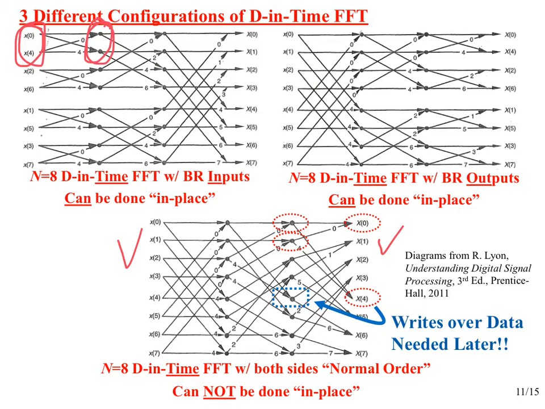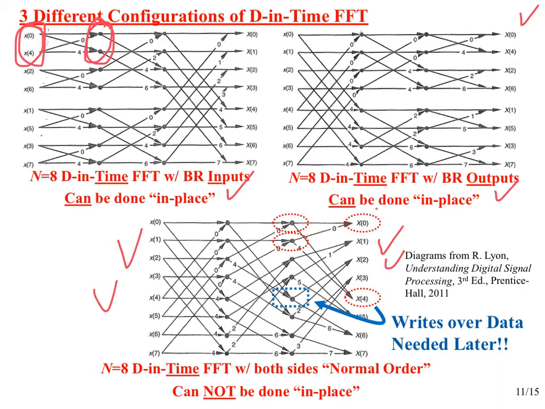And likewise, you can track where everything is actually ending up being used. And so this can be done in place. Even if we reorder it this way, this can be done in place. But if we reorder it so that we have normal order on both sides, we can't do it in place any longer.